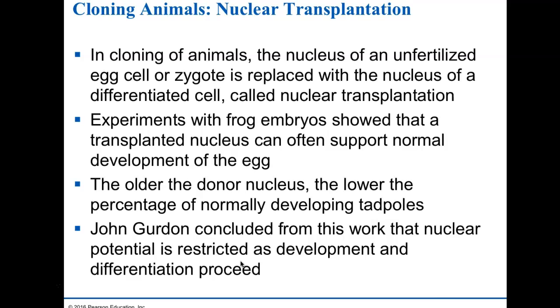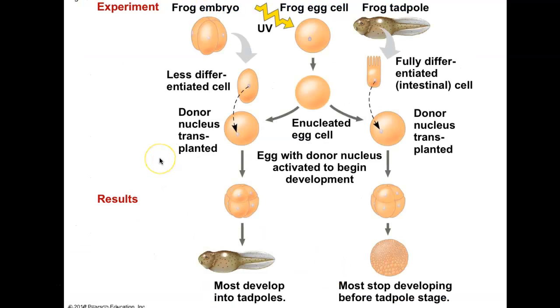And so nuclear transplantation is restricted as development and differentiation proceeds. This picture is just showing you what happened with the frogs that he studied. On the left side, he's cloning an embryo, taking the nucleus out of an embryo, putting it into an egg, cloning it into another embryo. So what you end up with are two tadpoles that are genetically identical.